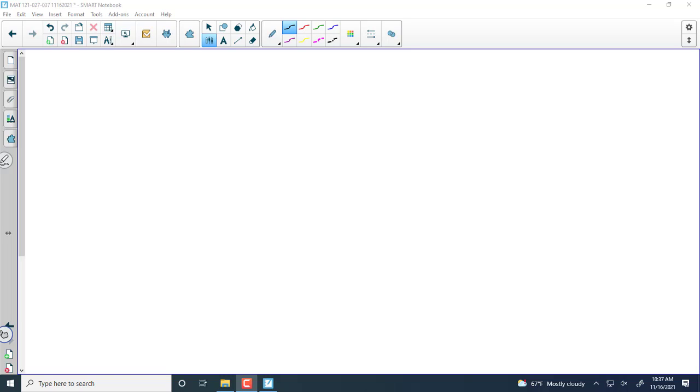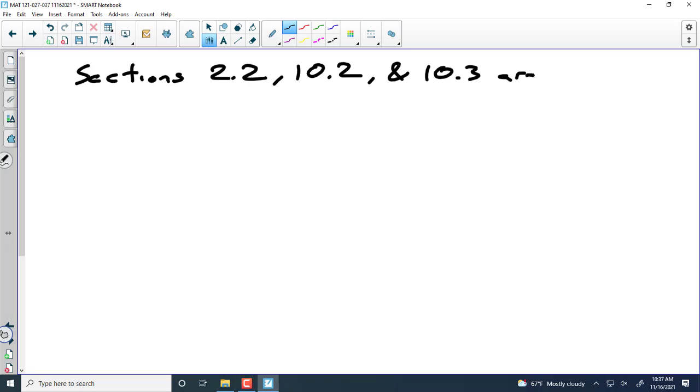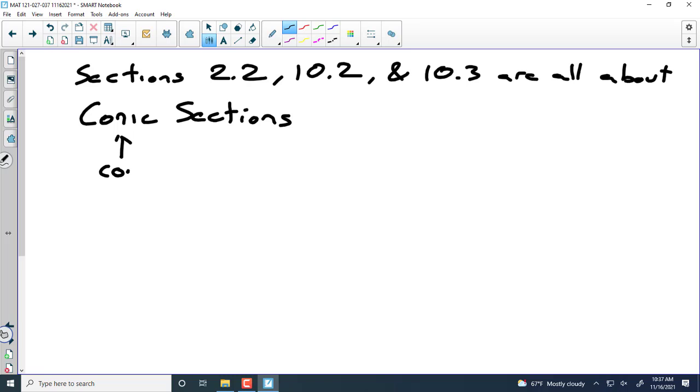All right, so sections 2.2, 10.2, and 10.3 are all about conic sections. Conic meaning cone, and section meaning cross-section.